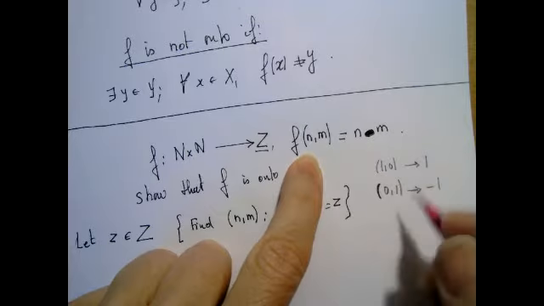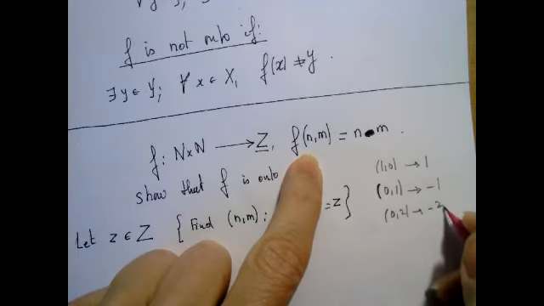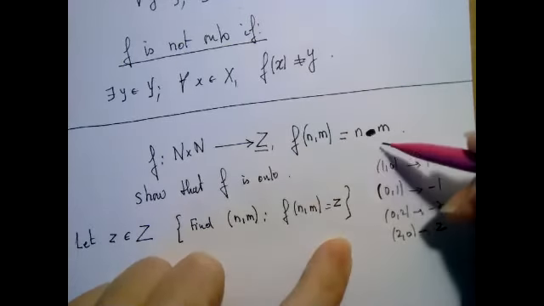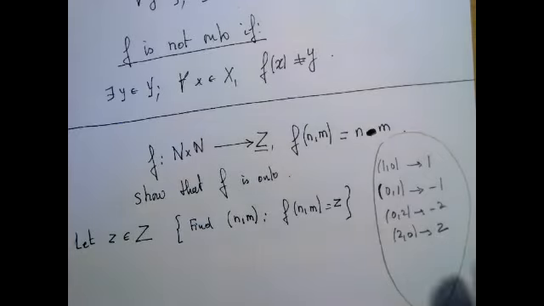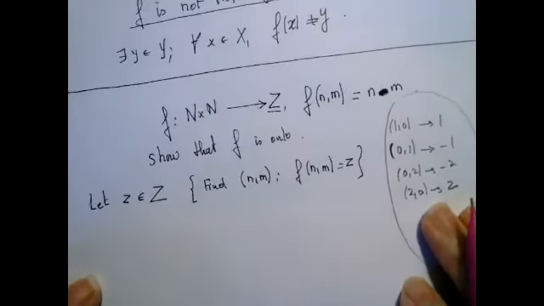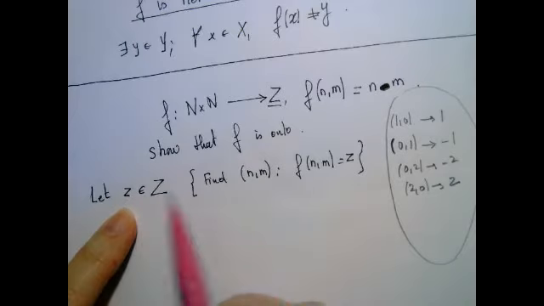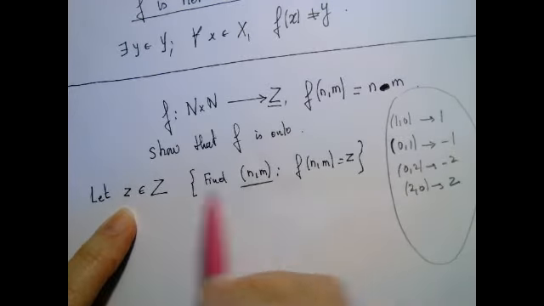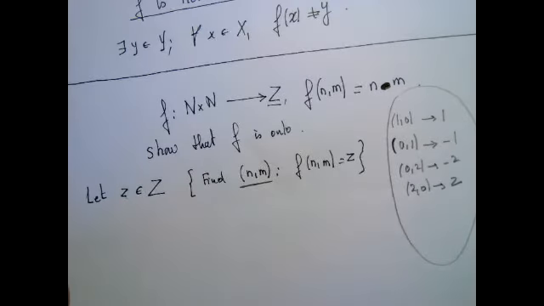For example, (0, 2) was sent to -2, (2, 0) was sent to 2. After I went through this picture a little bit, now I realize it's onto. Now your job is to prove it formally. It means I'm starting with any element z. I want you to give me n and m, those have to be in terms of z, so that f of (n, m) equals z. All right, so let's see how you guys are going to do that.